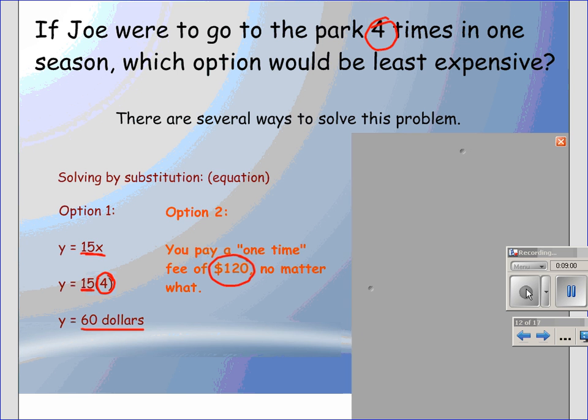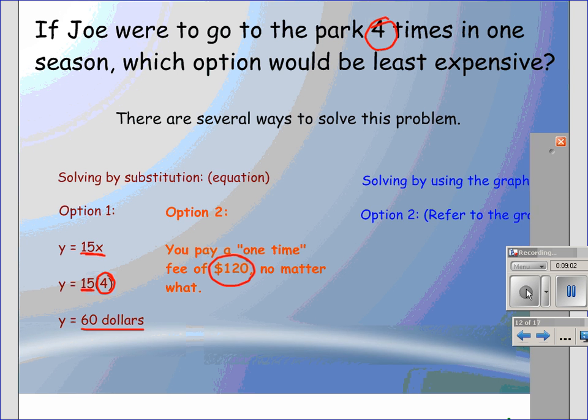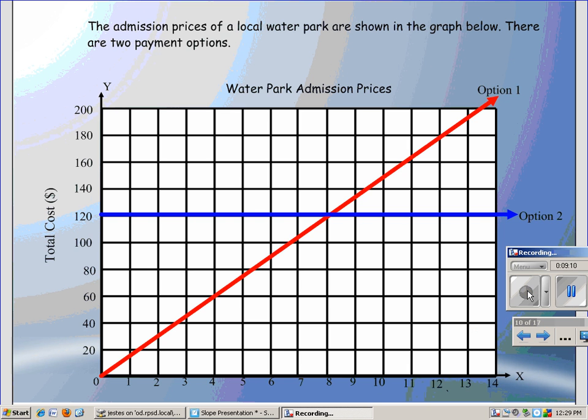And then the next way of solving is going back to our graph and solving the problem from there. Now using the graph, a lot of people will find this to be the easiest way. I just wanted to give you some options.